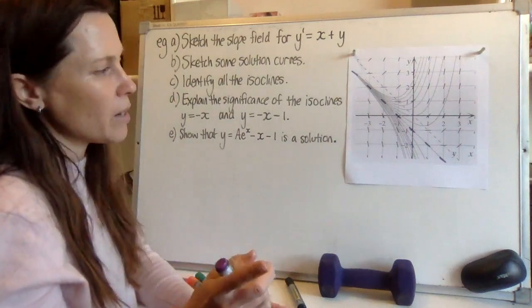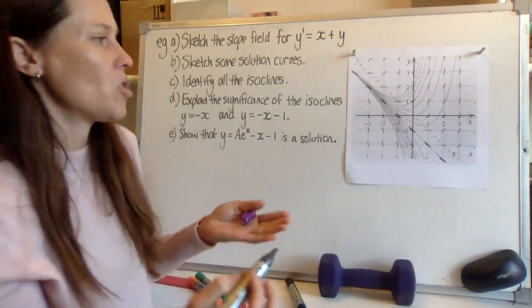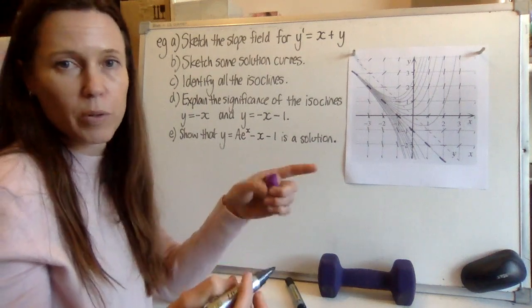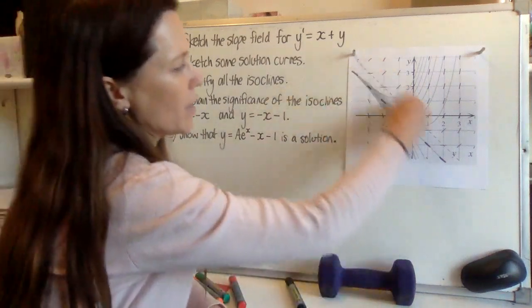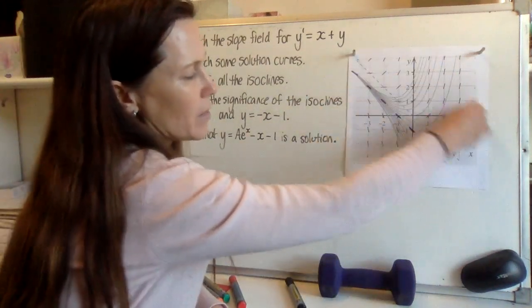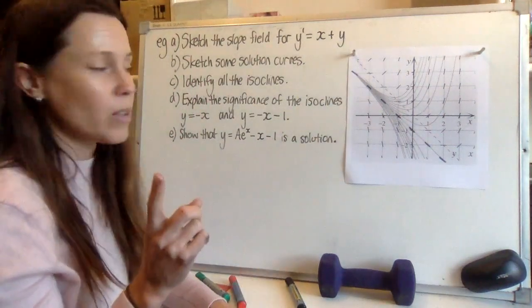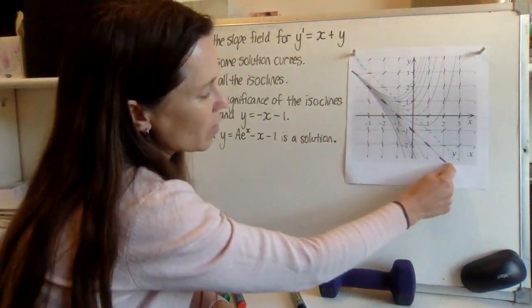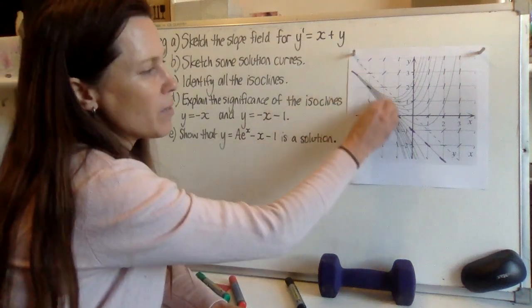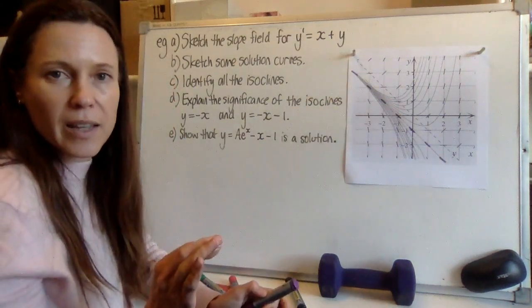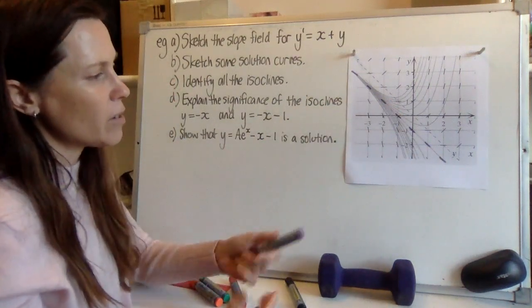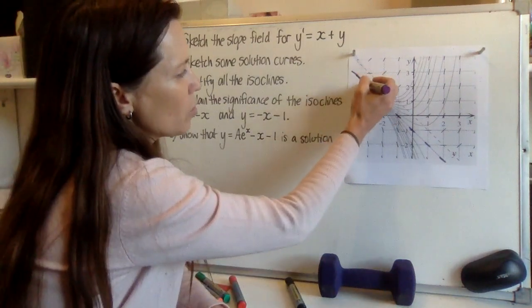Let me say that again. Remember that an isocline is just a line that joins all the points of equal gradient, and I could make isoclines going all the way down here. All of the lines that have got a gradient of -1 are isoclines. But this is a special isocline because the gradient of the line segments is exactly the same as the gradient of the isocline itself. And so it is actually a solution curve.